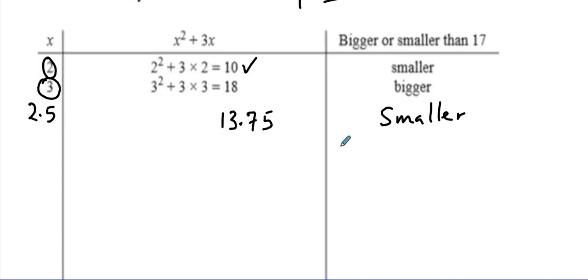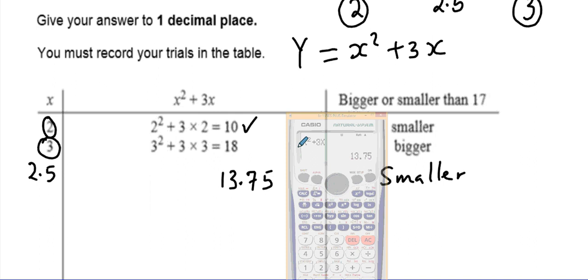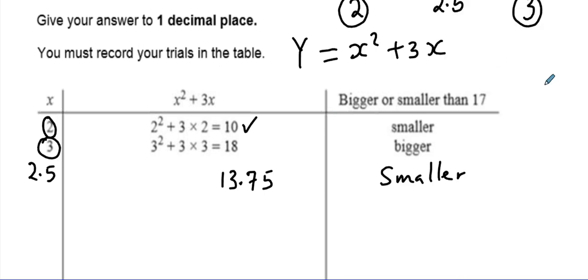Since that is smaller, we have to head over to numbers which are higher than 2.5, and these are 2.6, 2.7, and so on. Right, so substitute 2.6, for example, and you'll be getting 14.56 when x is 2.6.